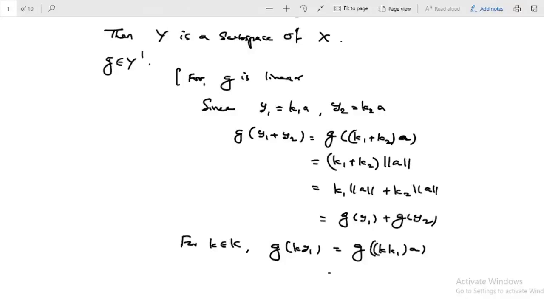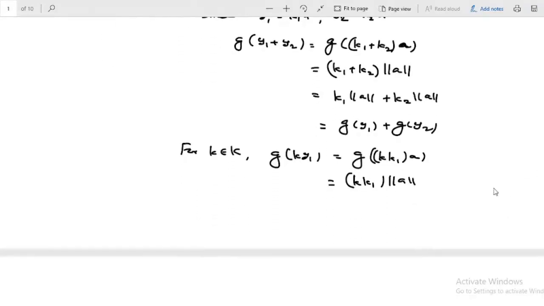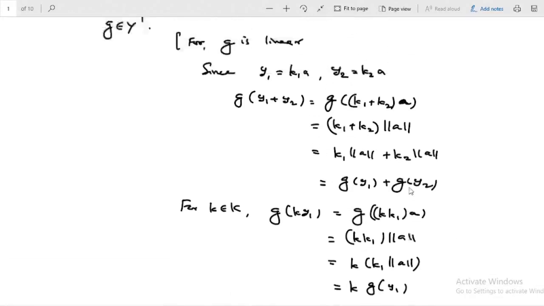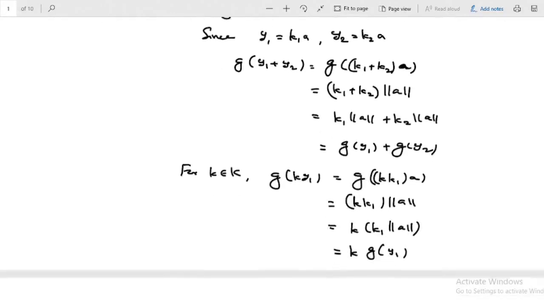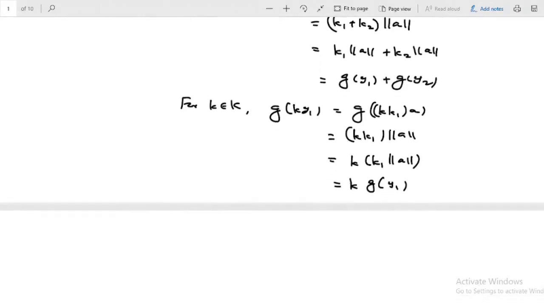By the definition of G, it is k into k1 into norm a, by the associative property of scalar field elements. This is equal to k into G of y1, since y1 is k1a and G of y1 is k1 into norm a. So G is linear. Is it continuous?